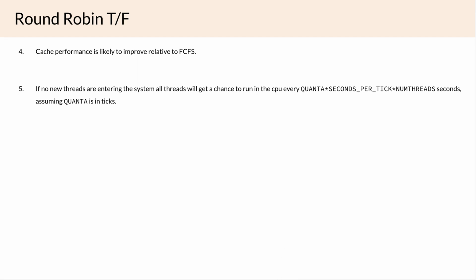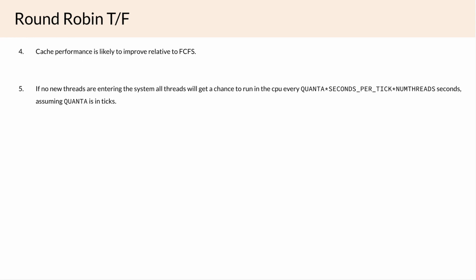Okay, we also haven't really talked about this, so I'm just going to jump into it. Cache performance does not improve relative to FCFS, and this is because with round robin, we have a lot more context switches when compared to FCFS, which also means that the cache is going to have a lot more misses. So you can imagine we're using a cache for multiple programs.